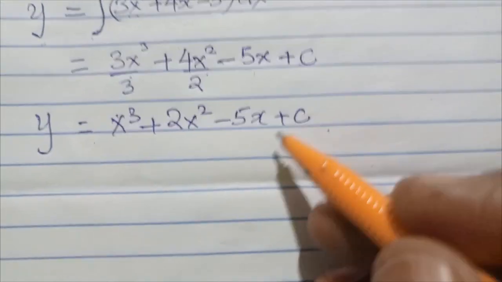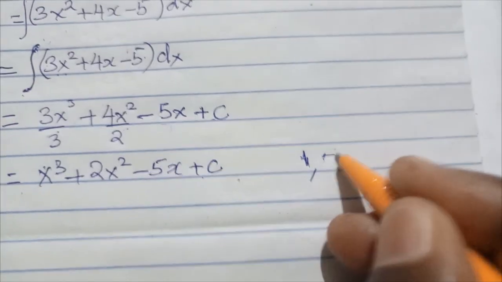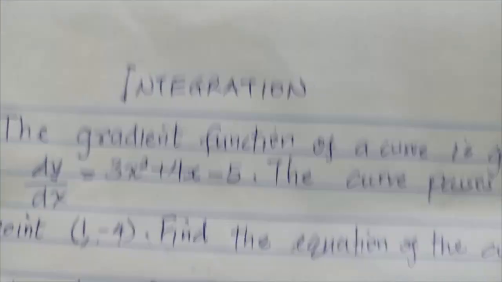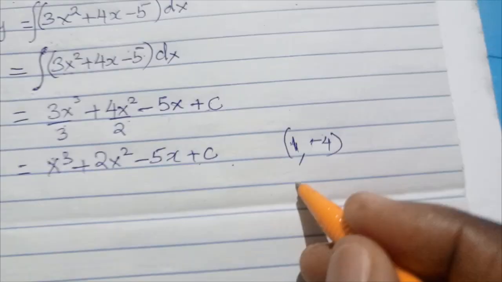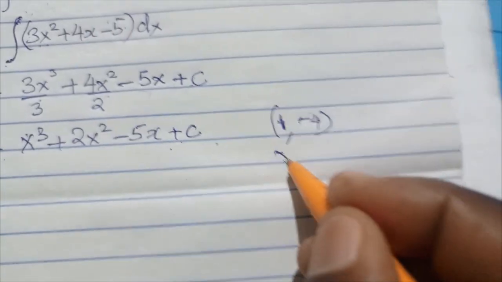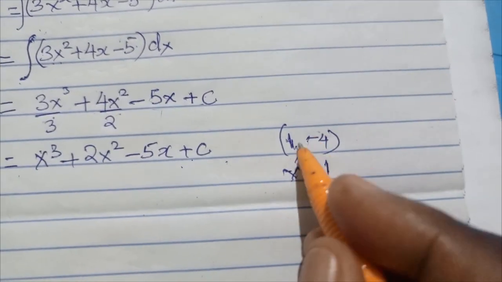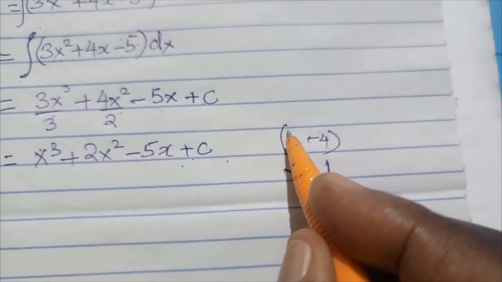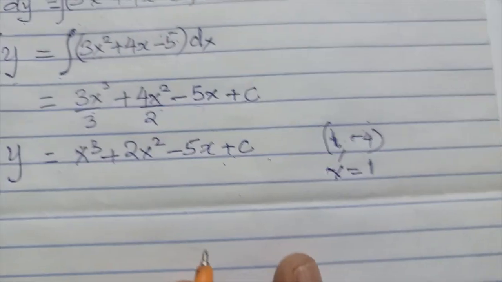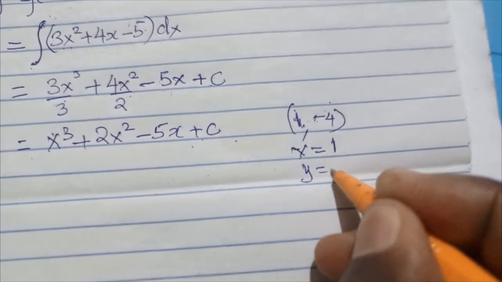That point through which it passes will help us determine the value of C. So this means that the curve passes through a point where x is equal to 1 and the y value is -4.